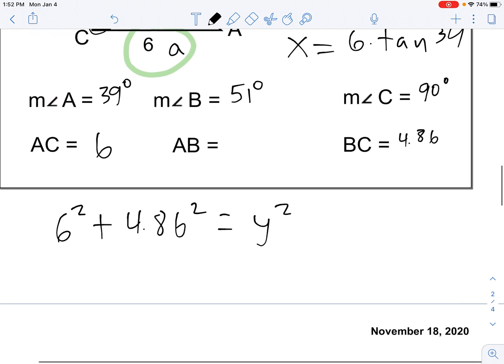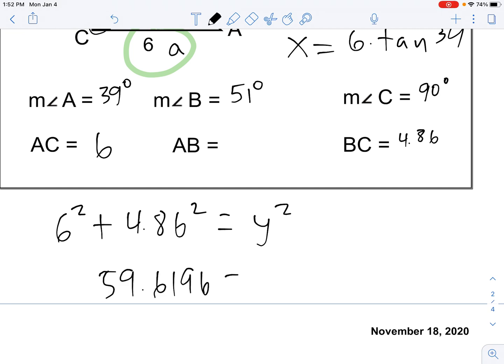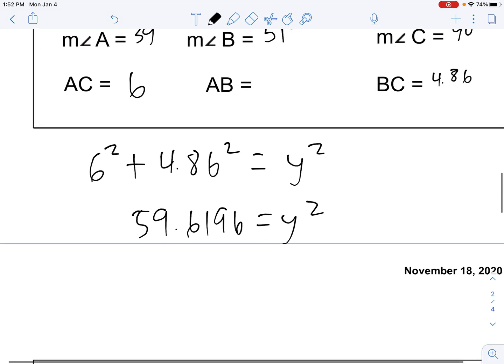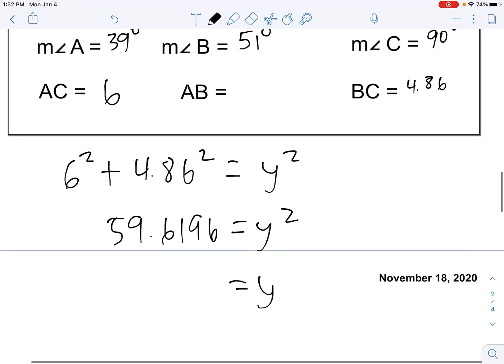And then we get 59.6196 is equal to y squared. And then we'll take the square root of that, and that gives us y is about 7.72.